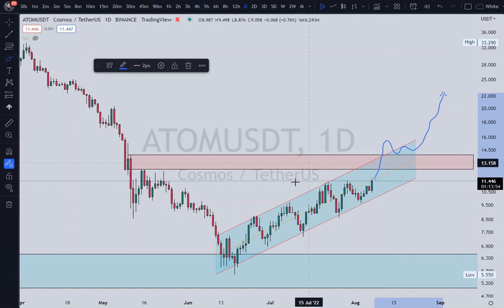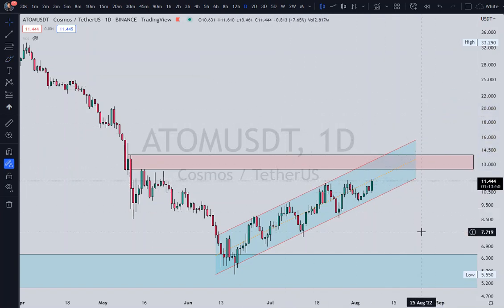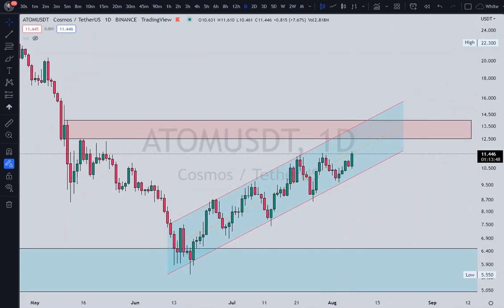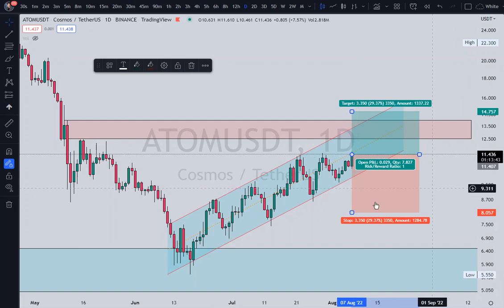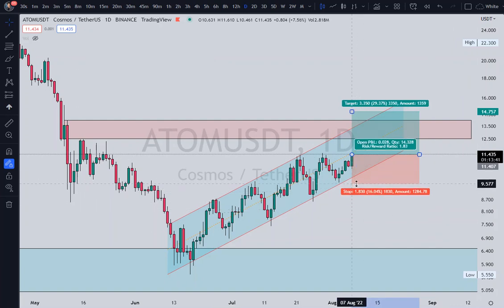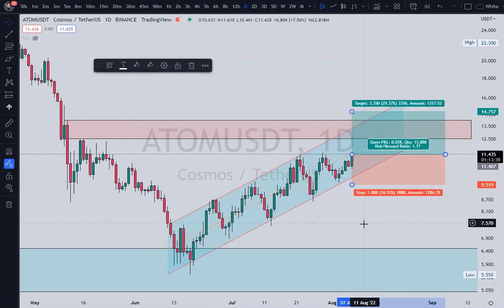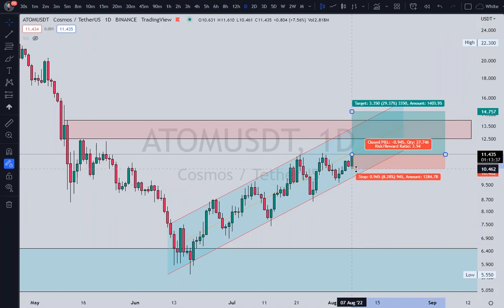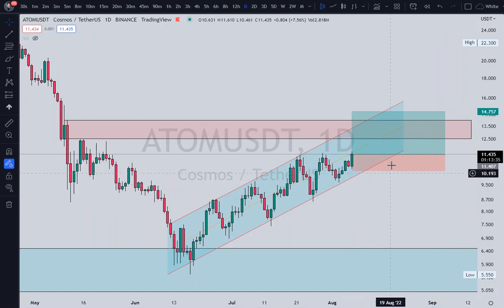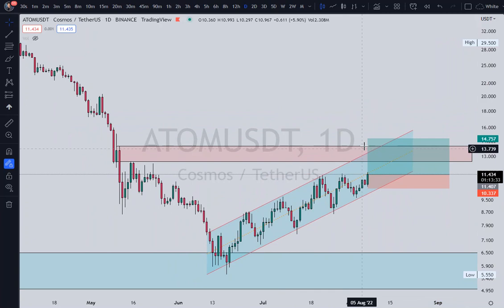But if you want to take more risk, if you are a risk taker, you can buy here with this stop, or a tighter stop here, almost a 10% stop.